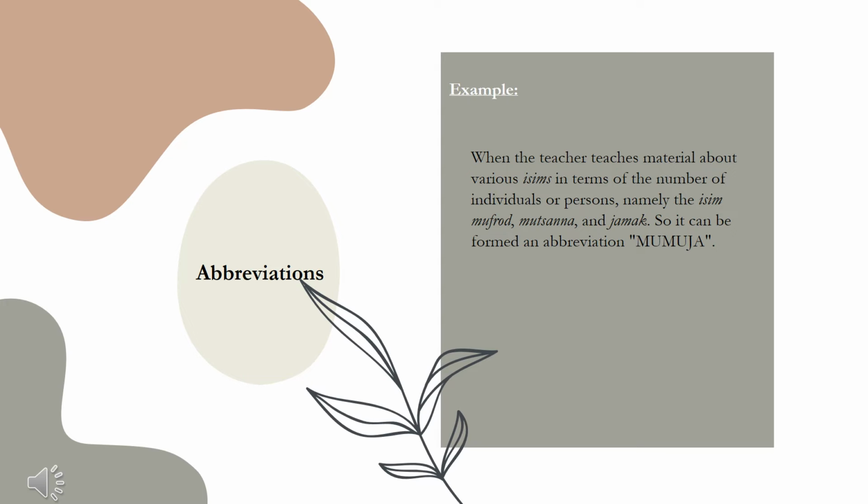For example, when the teacher teaches materials about various isms in terms of the number of individuals or persons, namely the isim mufrad, musanna, and jama'. So it can be formed into the abbreviation mu-mujam. Mu for isim mufrad, the second mu for musanna, and the last ja is jama'.